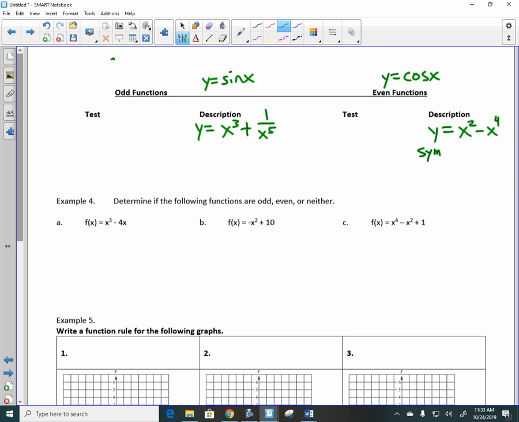Even functions are symmetrical about the y-axis. Meaning you can flip it across the y-axis, you're going to get the same thing.